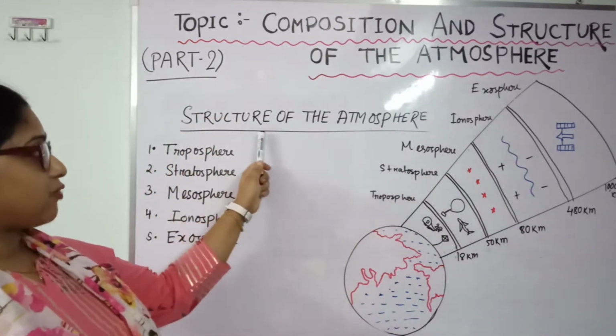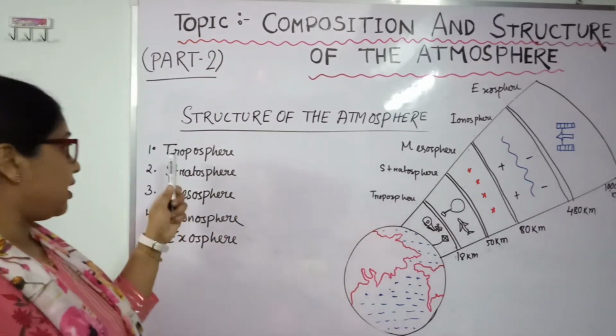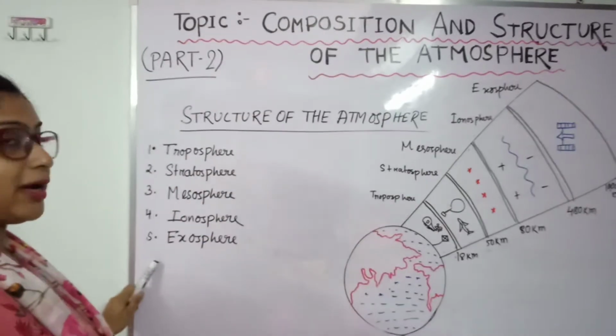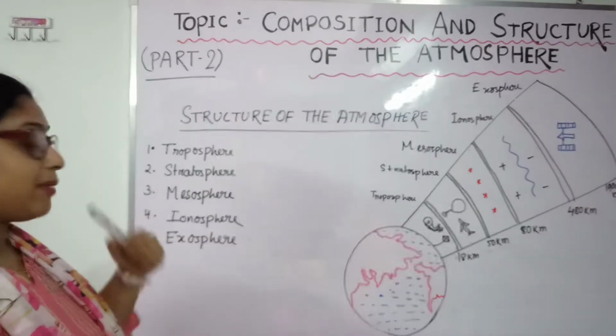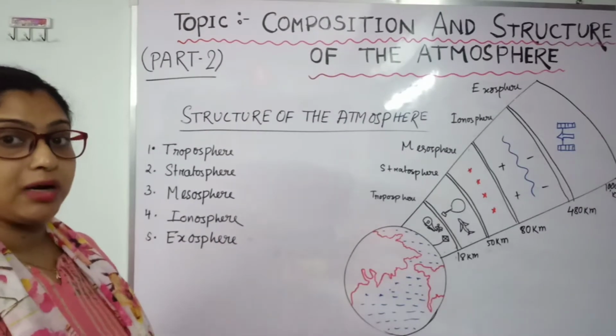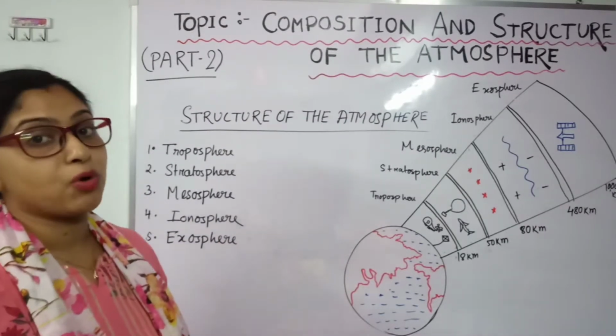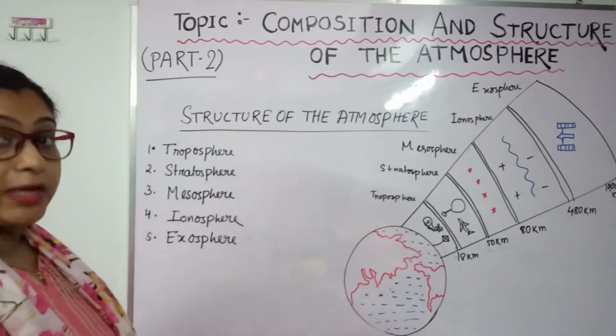Here, students, in the structure of the atmosphere, we will see what the different layers of the atmosphere are, which I already talked about in the previous part when I talked about the homosphere and heterosphere, the main two layers.